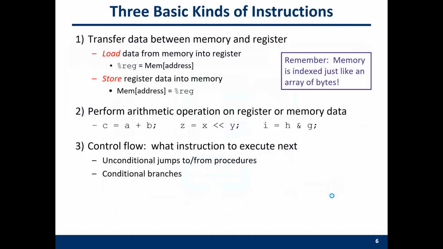So we will talk about 3 types of instructions. The first one is the memory instruction, load and store. The memory instruction involves one operand as a register and one memory location.